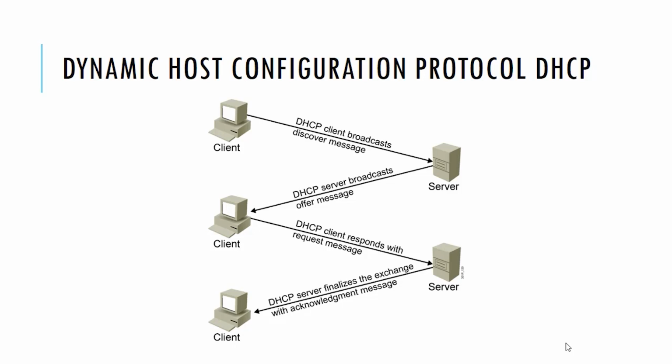So, what is the main benefit of this DHCP? It saves the effort of the network administrator that is used in configuring several machines with IP addresses, subnet mask, default gateway, DNS servers. It saves this effort and makes a machine do this task. Of course, the machine does not make the mistake of IP conflict, does not make the mistake of assigning the same IP address to two machines.